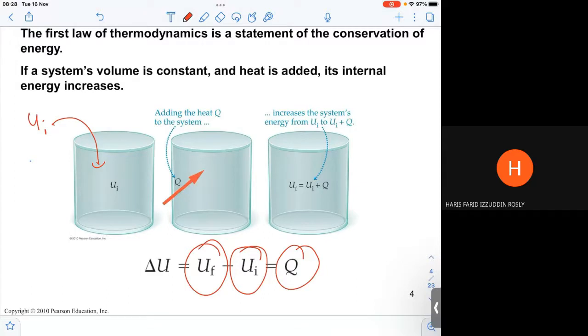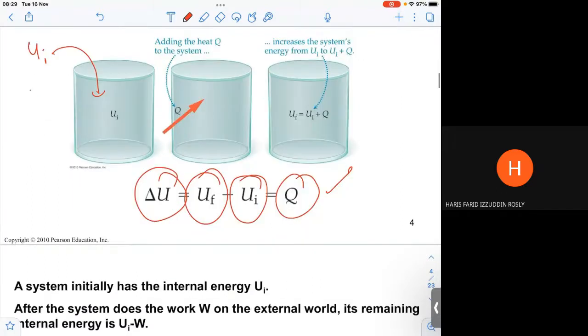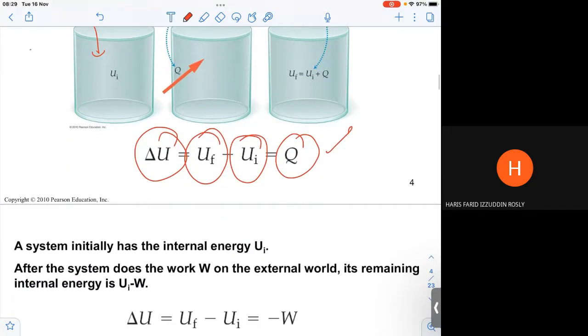When we take the difference between them, we have the quantity of heat. Therefore, delta U is equivalent to Q. Q means heat, and delta U is the change in internal energy. We are saying that the change in internal energy is equivalent to heat.